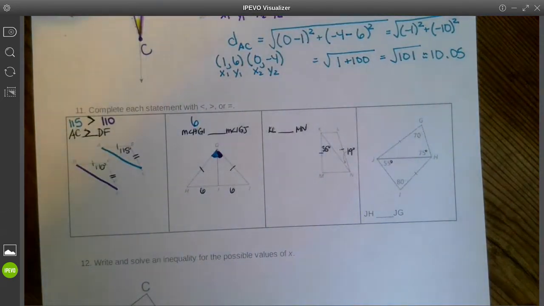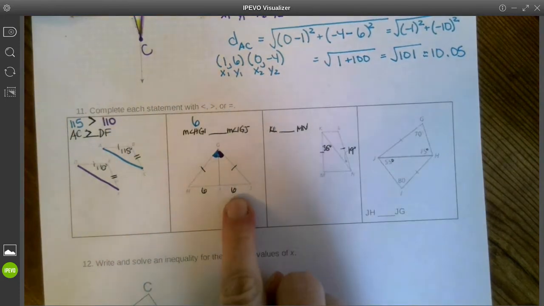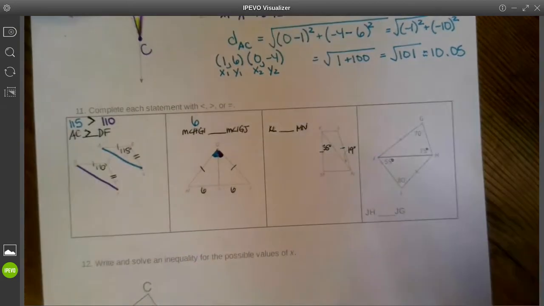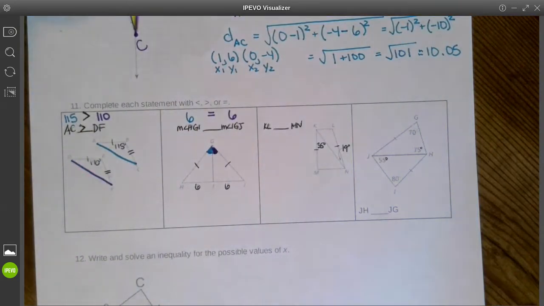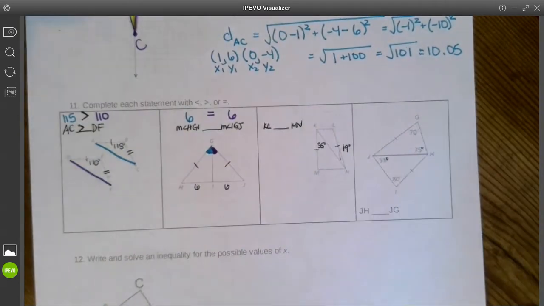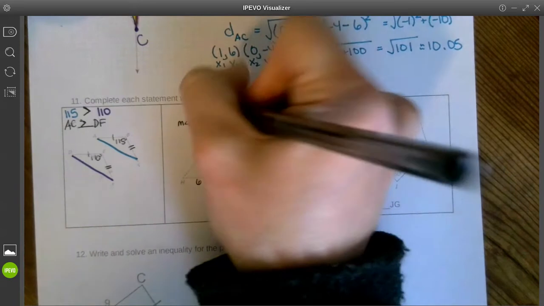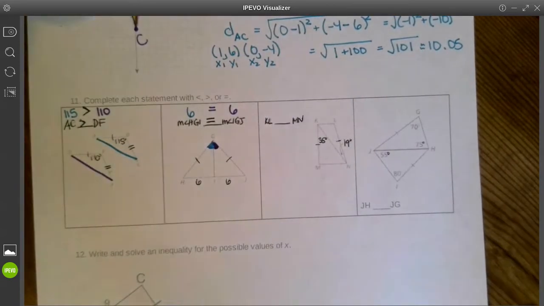And angle IGJ is opposite side IJ, which has a length of 6. And 6 is equal to 6. And so what that means is the measure of angle HGI, whatever that happens to be, must also be equal to the measure of angle IGJ.